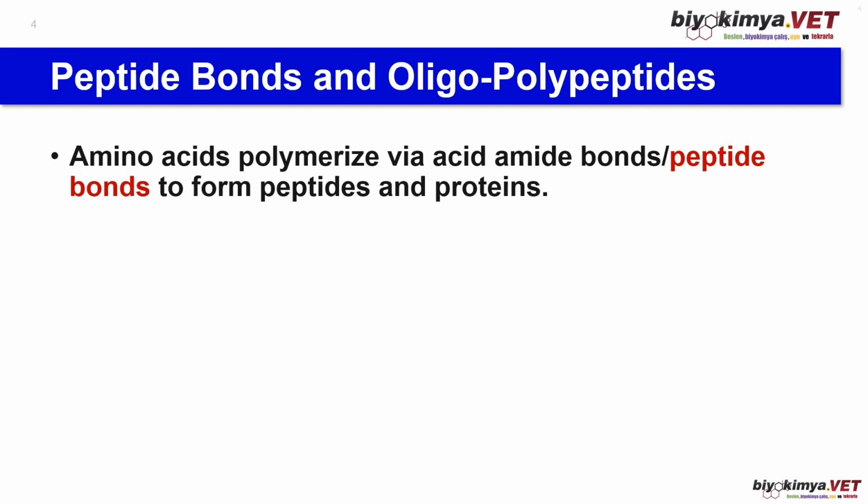Amino acids polymerize via acid amide bonds, which we call peptides, to form peptides and proteins. Two amino acid molecules can be covalently joined through a substituted amide bond called a peptide bond, and this is called a dipeptide. Peptide bond formation is an example of a condensation reaction, a common class of reactions in living cells.